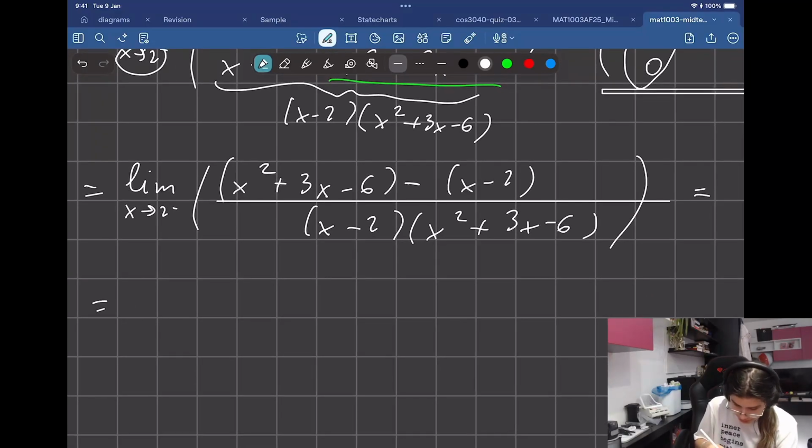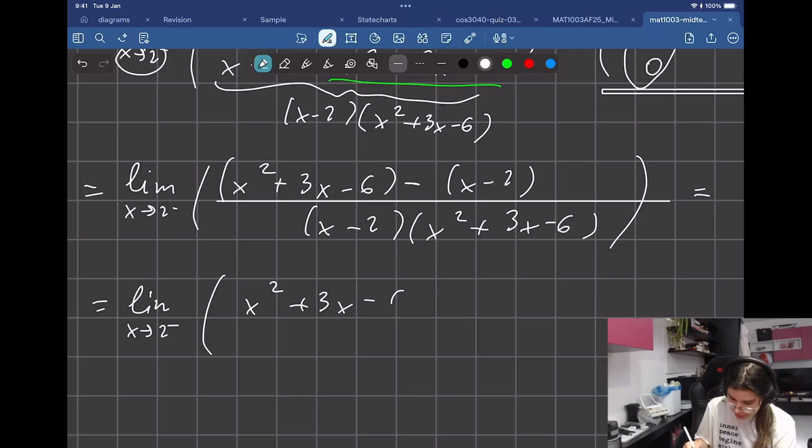So from here, I'm going to have limit of x approaches 2 from the left of, and now the numerator would be x squared plus 3x minus 6 minus x plus 2. I'm just calculating this.